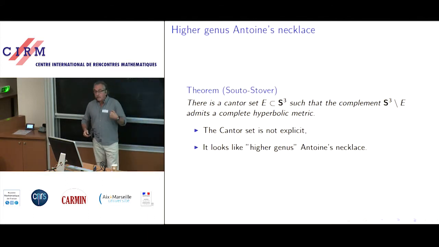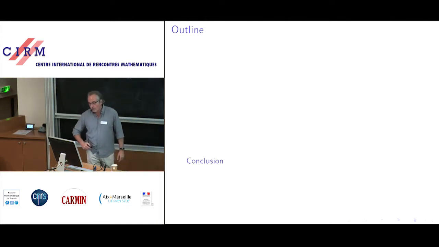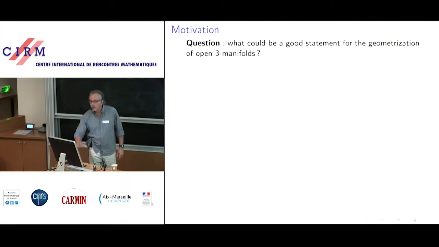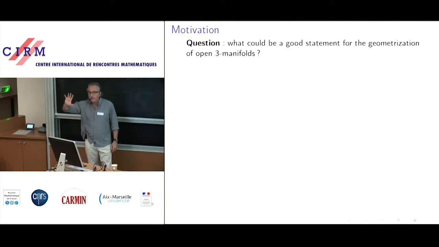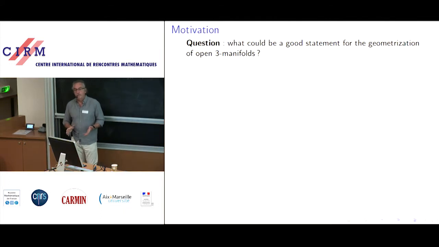Well, and then I finish with the motivation. It's very strange to finish a lecture with the motivation, but why not? The question we started with is, after Perelman's work on the geometrization of closed manifolds, what could be a good statement for the geometrization of open manifolds?